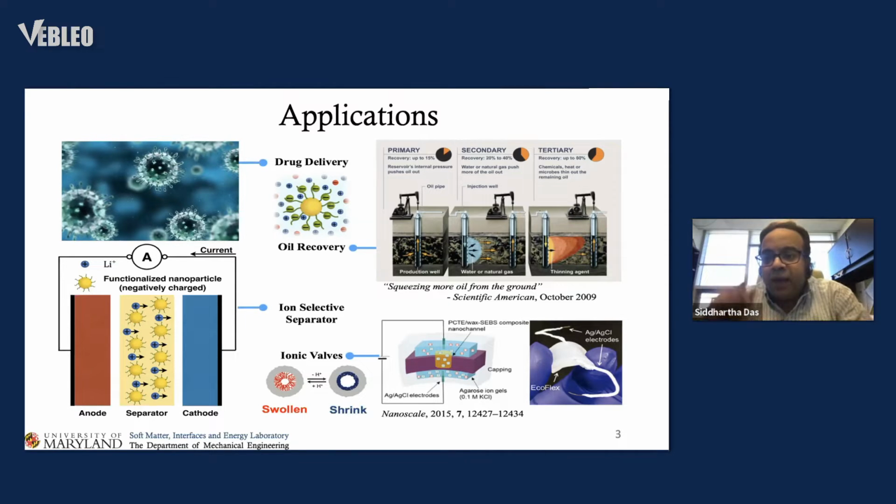Very interestingly, we could also harness the responsiveness of these polyelectrolyte molecules grafted on these nanoparticles for a host of applications. For example, imagine I want a specific nanoparticle as a targeted drug delivery vehicle for a tumor.